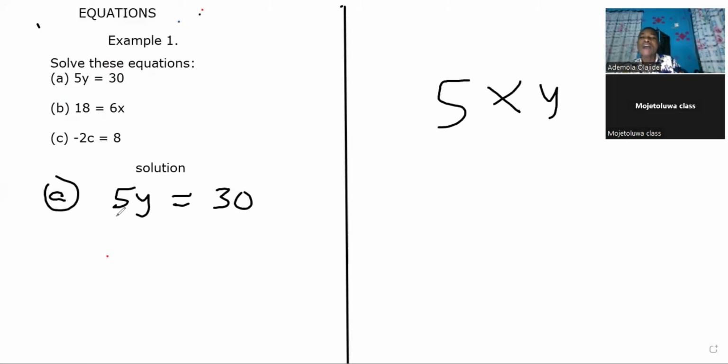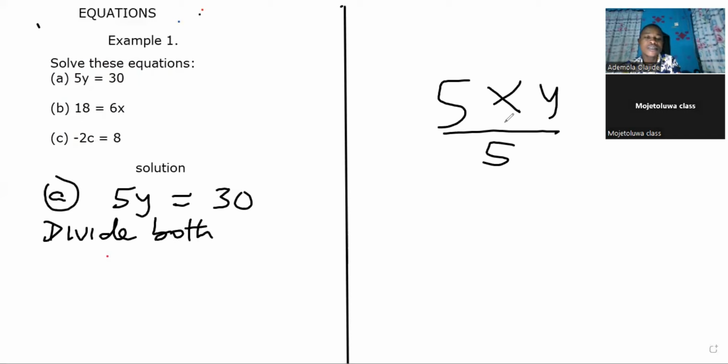And for you to remove something connected with another by multiplication, you do the opposite of multiplication. The opposite of multiplication is what? Division. So that is why we say, we want to remove that 5, so we divide both sides by 5.